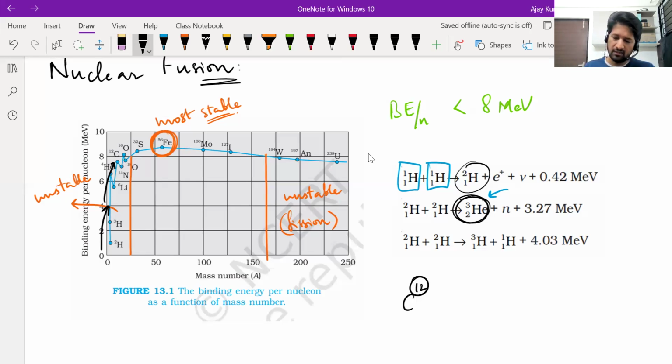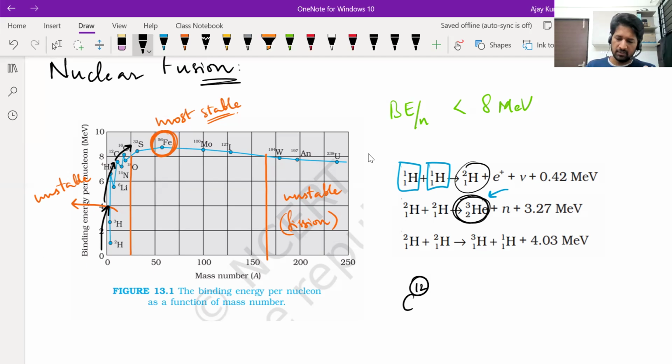C12 can also combine and form a sufficiently heavier nucleus whose binding energy per nucleon is more than 8. So suppose all the hydrogen in a star is exhausted, it will be in the form of helium. When all the helium is exhausted, it will be in the form of carbon. When all the carbon is exhausted, it will be in the form of a stable nucleus. That is when fusion stops.